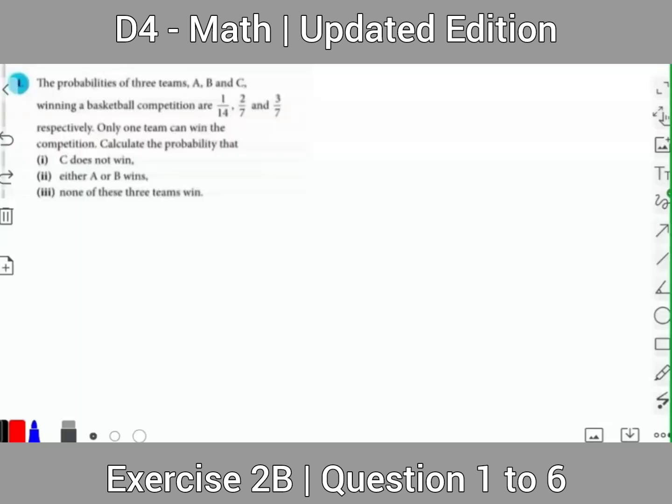Now in question 4, the probabilities of 3 teams A, B, and C winning a basketball competition are 1 over 14, 2 over 7, and 3 over 7 respectively. Only one team can win the competition. Calculate the probability that in part 1, C does not win. To find the probability that C does not win, we simply subtract the probability of C winning from 1.